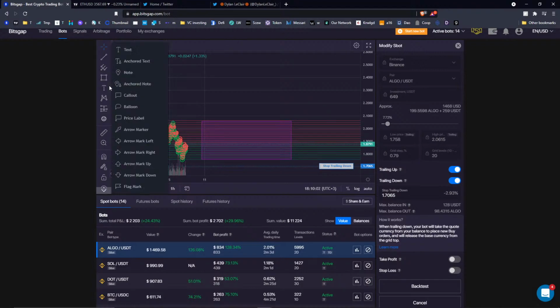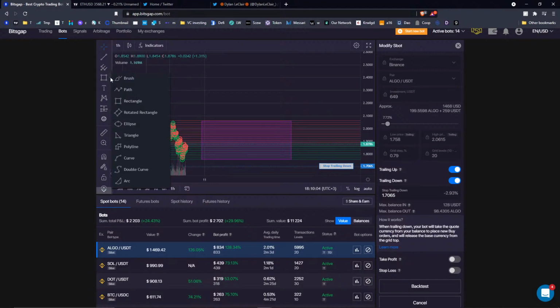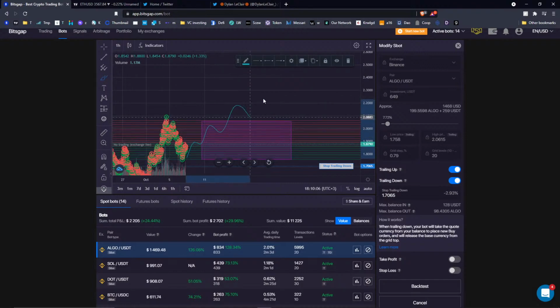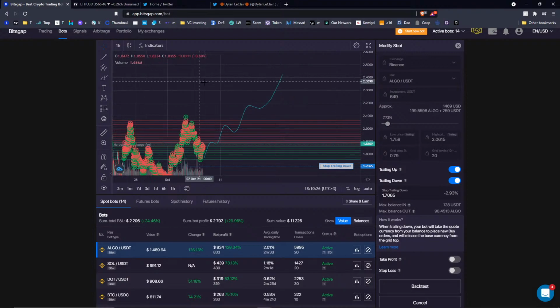So when the price is rising, then thanks to the trading up, the bot is able to move my trading range accordingly, so that I am always in the market, and the bot can capture all of these minor price swings that you can find on the road to new all-time highs.